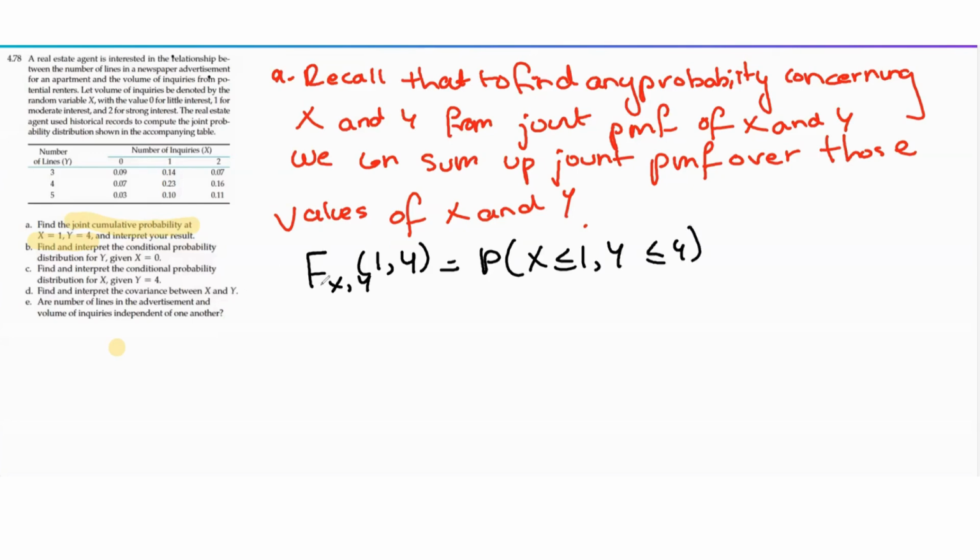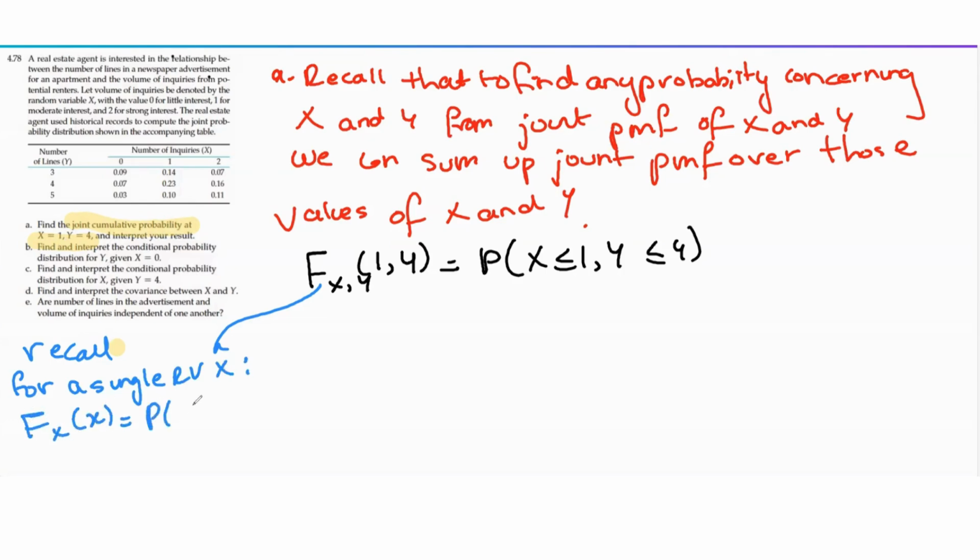For this, let's go back a bit and recall something. For a single random variable X, we define its CDF as F_X(x) is the probability X is less than or equal to x, right?